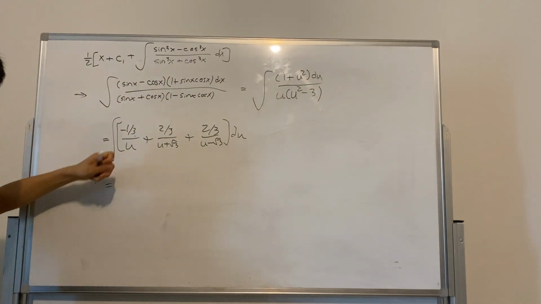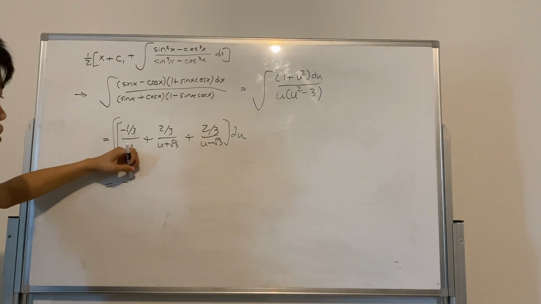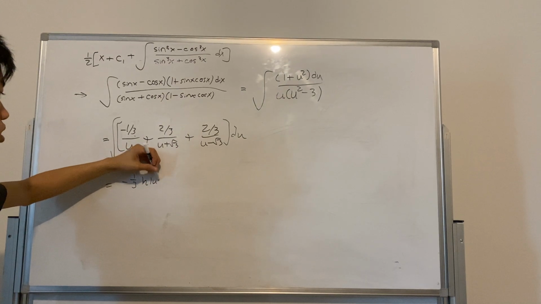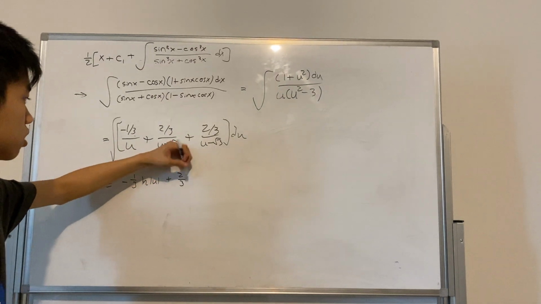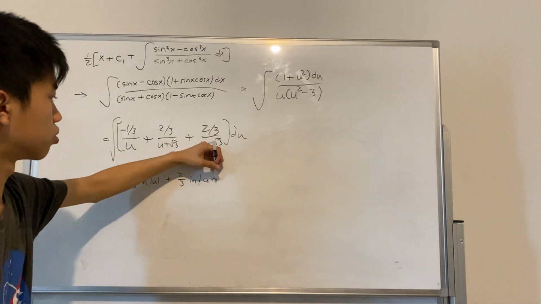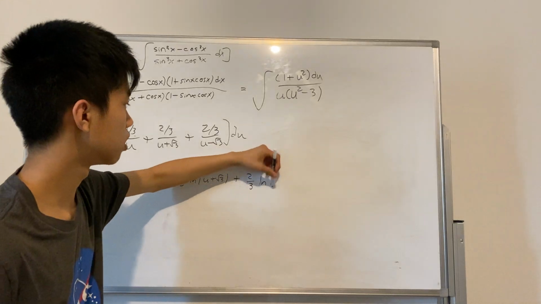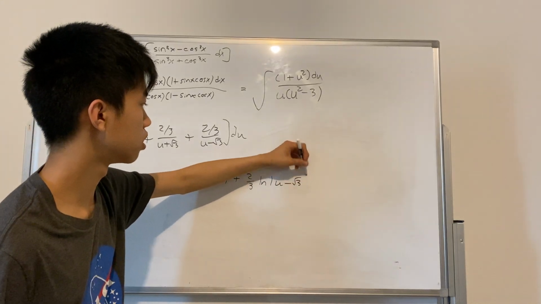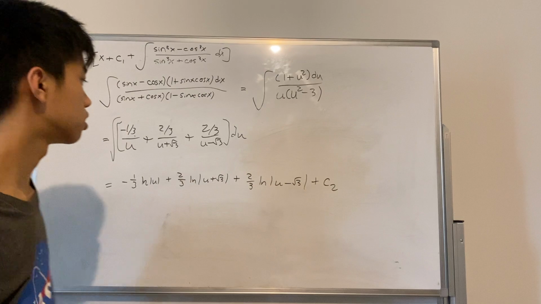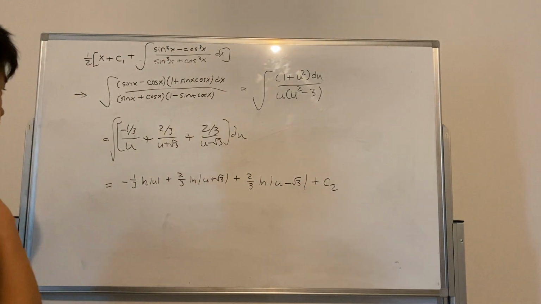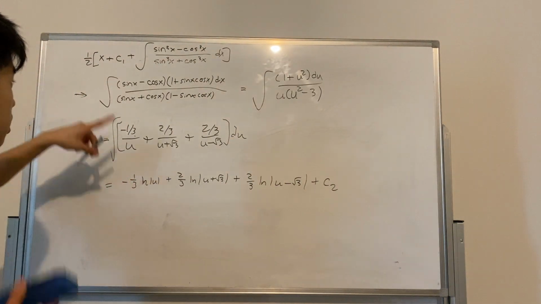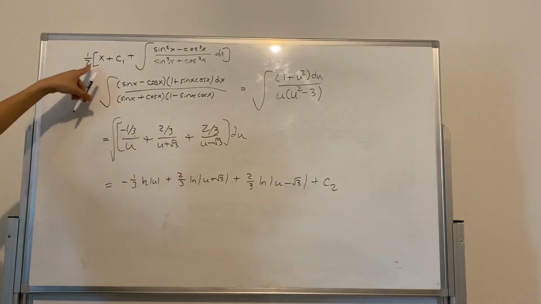Now we have negative 1/3 ln of u plus 2/3 ln of u plus root 3 plus 2/3 ln of u minus root 3 plus c2. Then we can plug this in here.